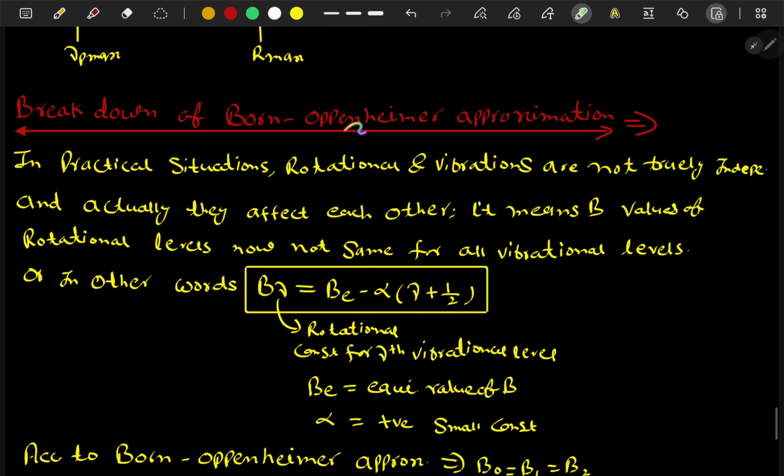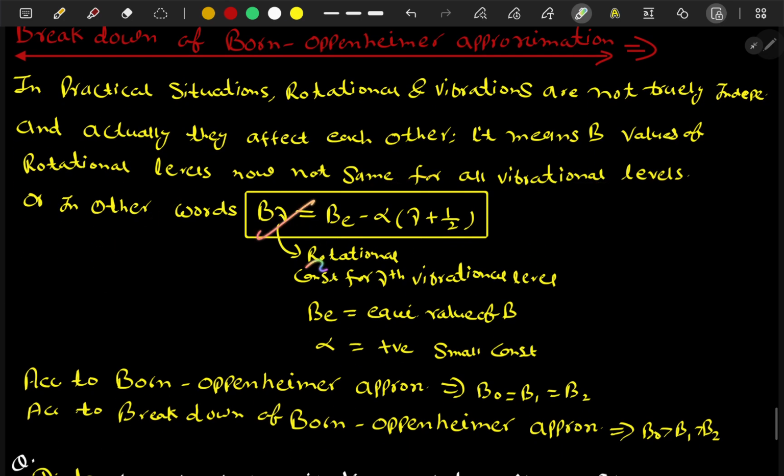Now what is the breakdown of the Born-Oppenheimer approximation? Let's see it. In a practical situation, rotational and vibrational motions are not truly independent, and actually they affect each other. It means the B values of the rotational levels are not the same for all vibrational levels.